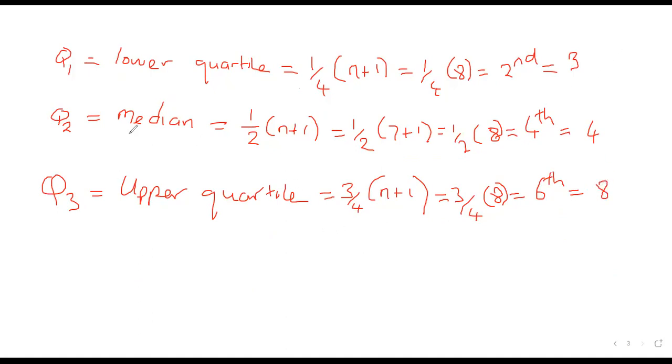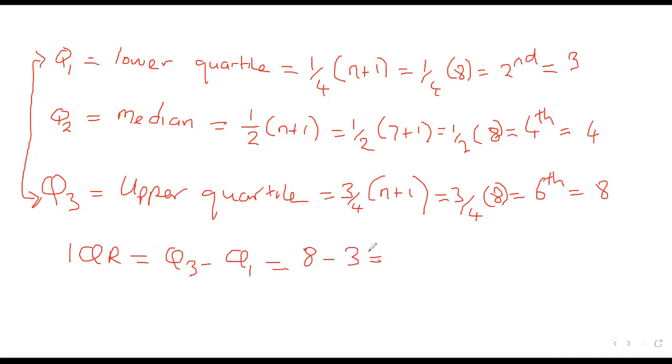Now the quartiles also have a range between the first and the last quartile. It is called the interquartile range. The interquartile range is given by quartile 3 minus quartile 1. Quartile 3 is 8, and quartile 1 is 3.